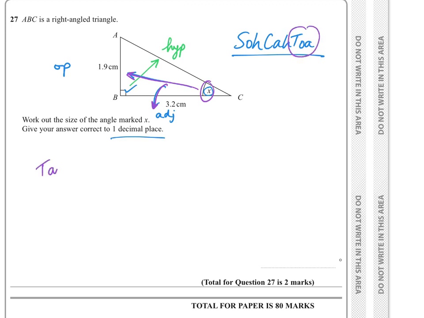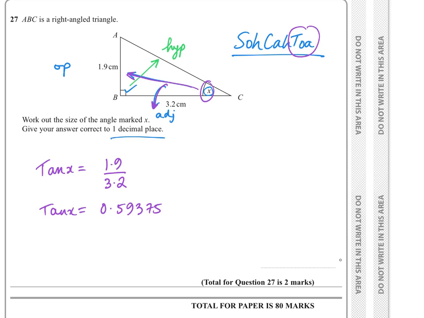So we've got tan of X is opposite over adjacent, and I'll do that on my calculator. So we've got 1.9 divided by 3.2. You don't have to decimalize this, I can show you a quicker way, but we get 0.59375. So that's what tan of X is.